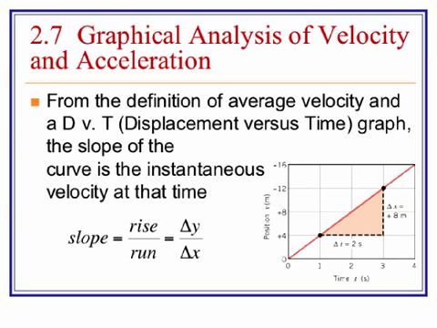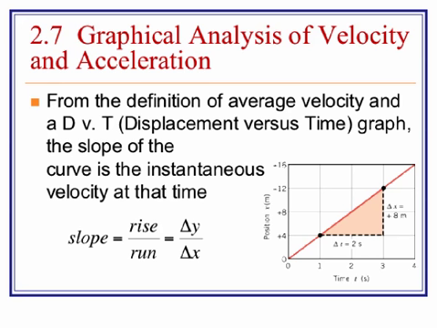When graphing motion, time will almost always be our independent variable, and for that reason it will go on the x-axis of our graph. In this graph here, we have position, or displacement also, on the y-axis, and time on the x-axis. From a line on this graph, we can calculate the slope.